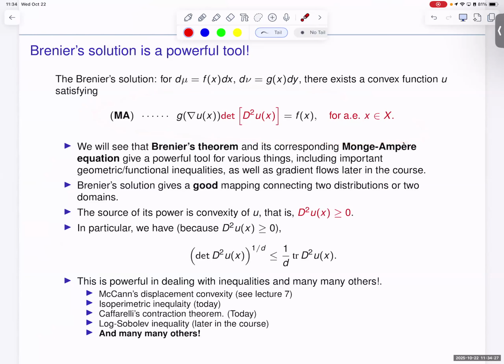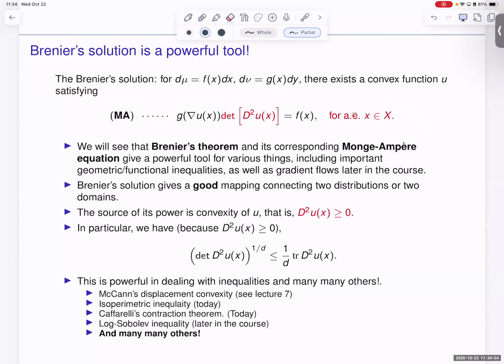Which is of course the result of the Brenier solution. So for the optimal transport mapping, we have this Monge-Ampère equation. Because of this, we can derive some very nice properties of this optimal transport mapping.